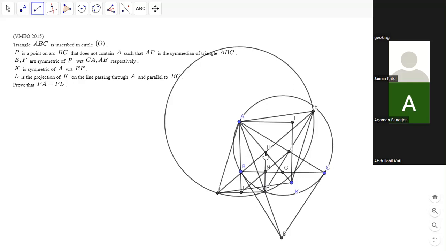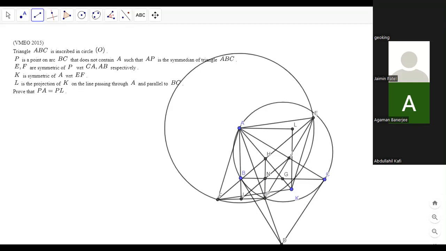So let's think about this. Okay, so I'm going to read what Agaman wrote. Since AK is isogonal to AP, and AP is the median, which means that AK.